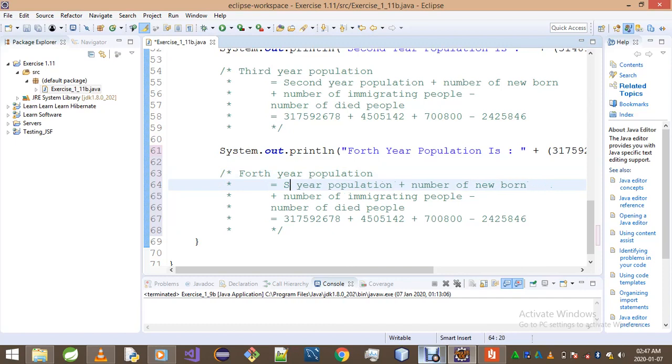It's going to be third. It's third year population plus this plus that. So on the fourth year, we're going to have 32,037,2774.